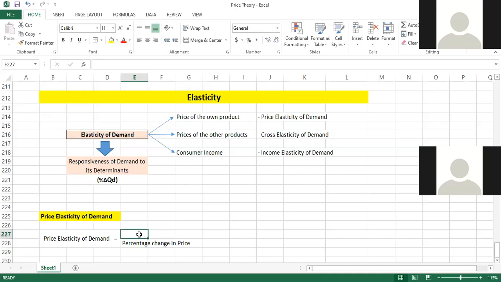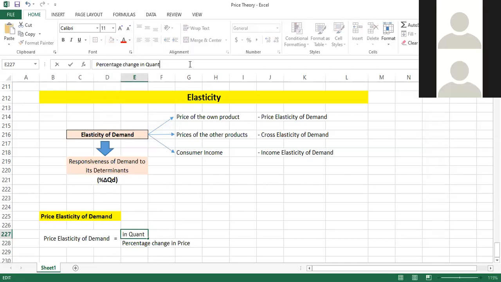So that is what we measure. So under the elasticity of demand, we measure the percentage change in quantity demand when the price changes by certain percentage. That is the meaning of price elasticity of demand, right?